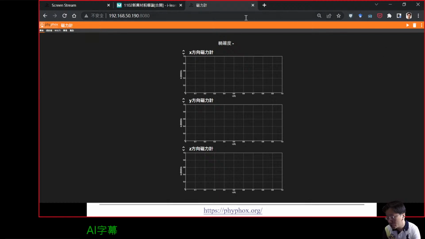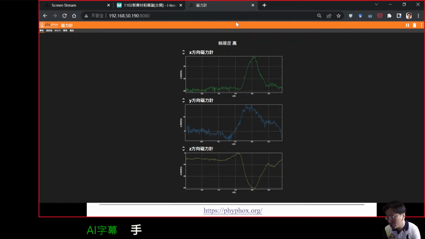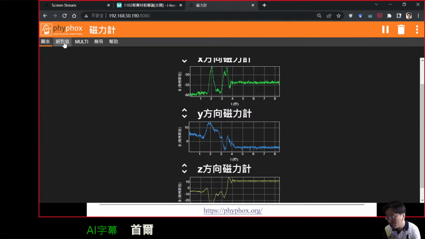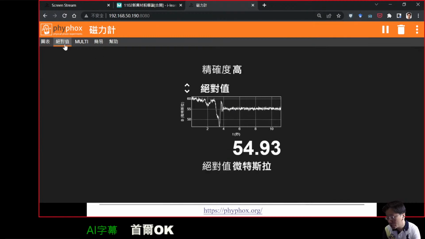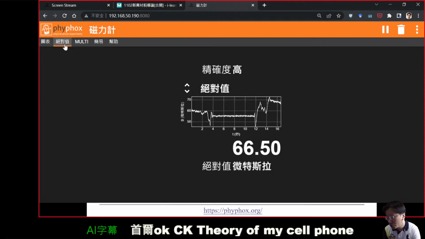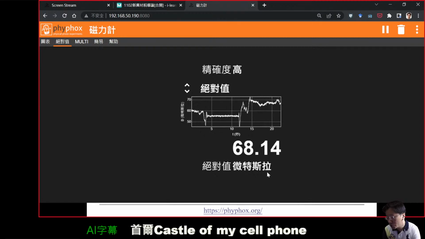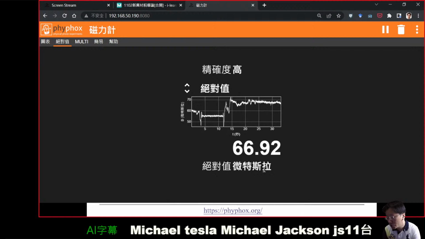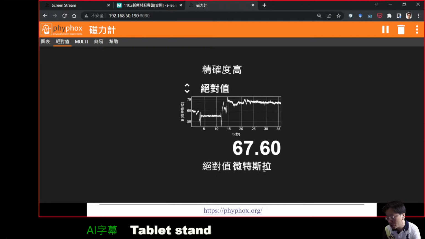Here we can see the absolute value for my cell phone. I'm sorry there are so many Chinese characters, but the number shown here is in units of microtesla. One microtesla is 0.01 Gauss, since one Tesla is 10 to the 4 Gauss.